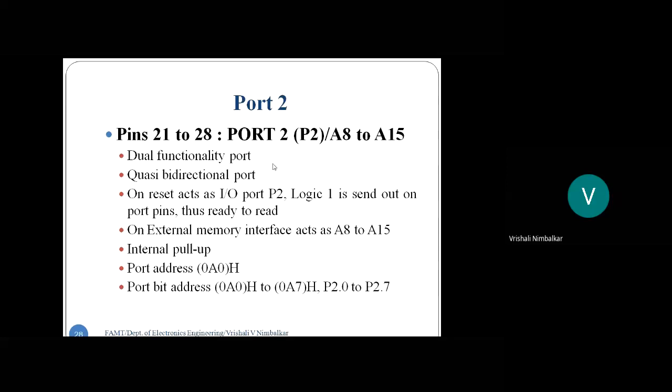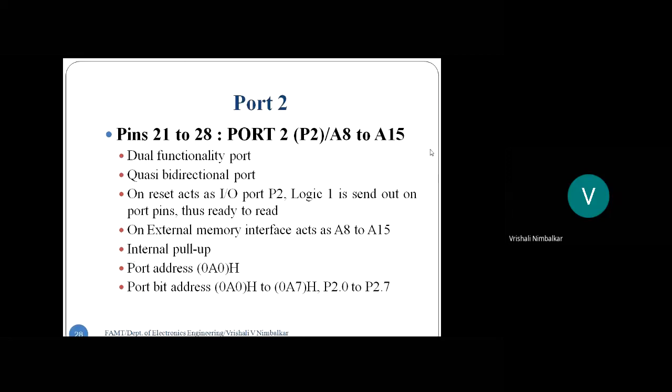So port 2 is a dual function port. Either it will function as an IO port, or it will function as a higher order address bus, A8 to A15. It is quasi bidirectional, meaning partially bidirectional. Either it will function only as an output port, or you initialize it, then it will start functioning as an input port.